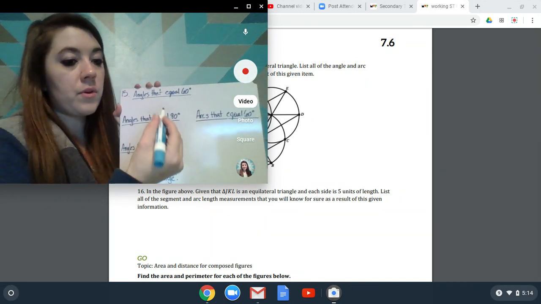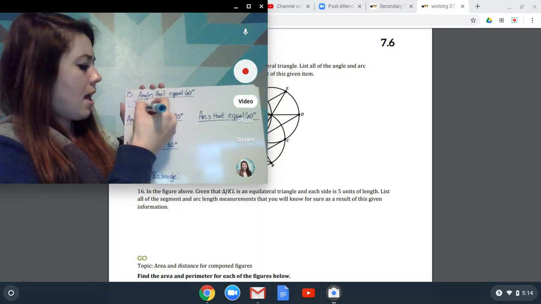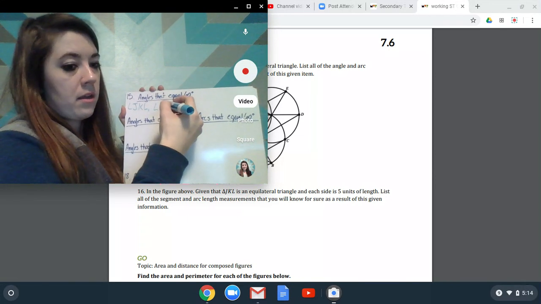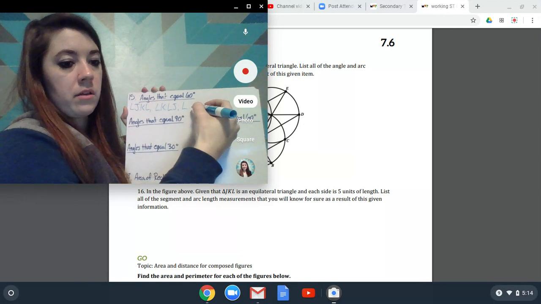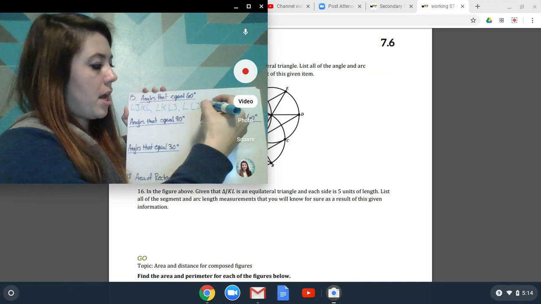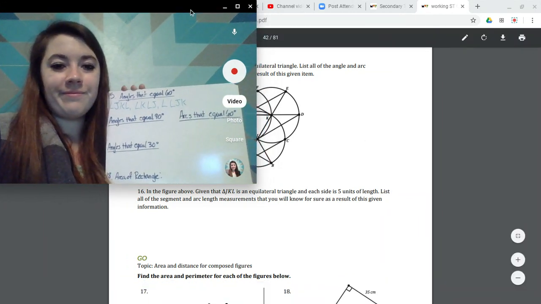So for angles that equal 60, we're going to have angle JKL, angle KLJ, and angle LJK.